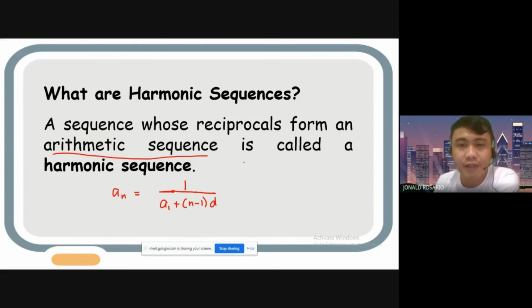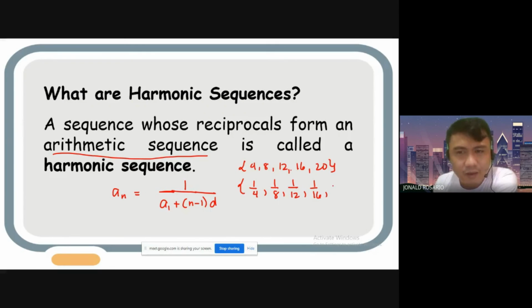Yes, for example, if we have 4, 8, 12, 16, hanggang 20, sa harmonic sequence, ang itsura ng kanyang mga terms ay reciprocal nitong mga terms na ito sa arithmetic. So you have 1 over 4, reciprocal ng 8 is 1 over 8, reciprocal ng 12 is 1 over 12, 16 is 1 over 16.